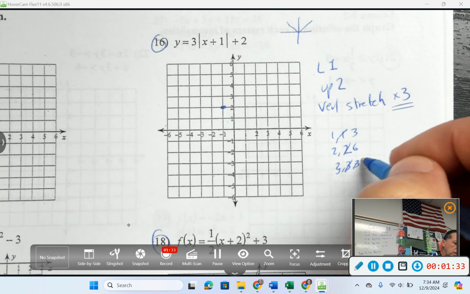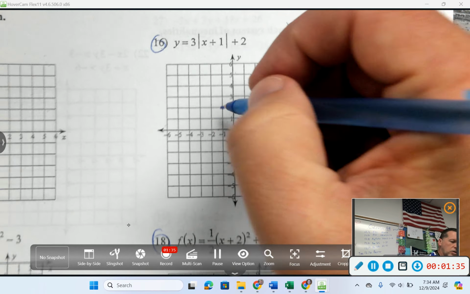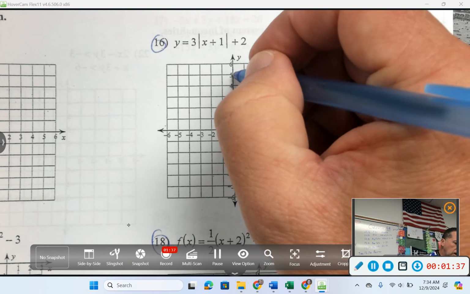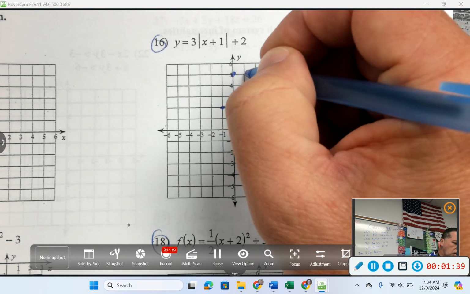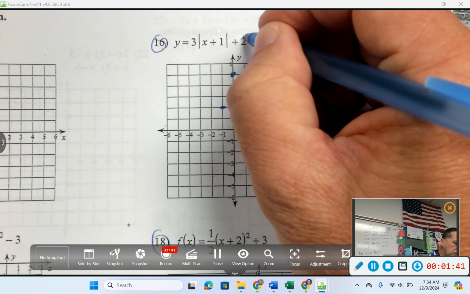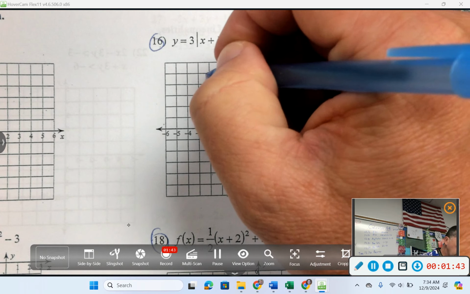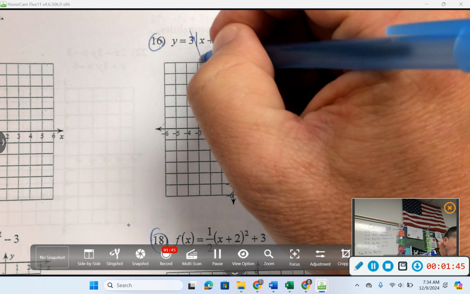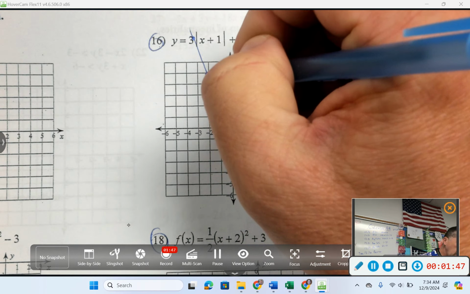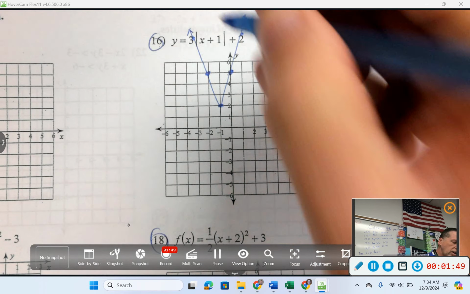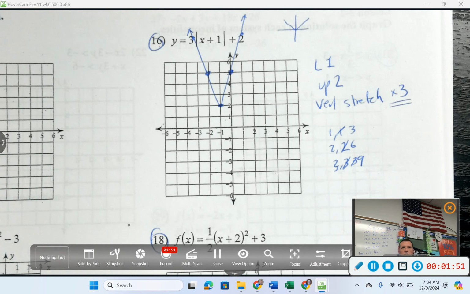So, whoops, not 3, but 9 there. So over 1, up 3. Over 1, up 3 puts us off the graph. But now we've got an absolute value graph. Moved it left 1, up 2, stretch 3.